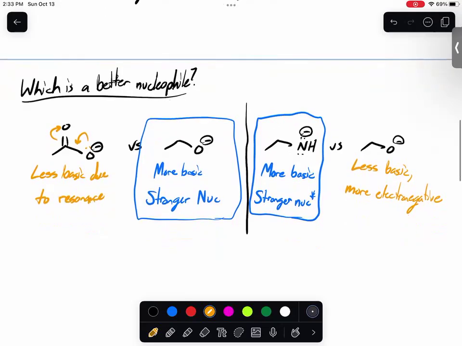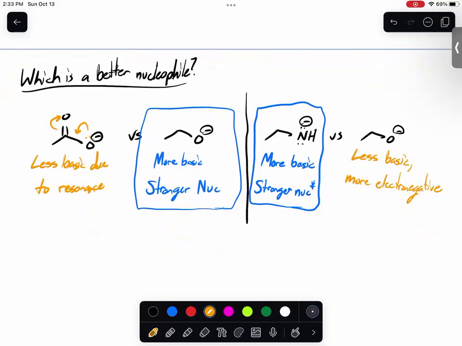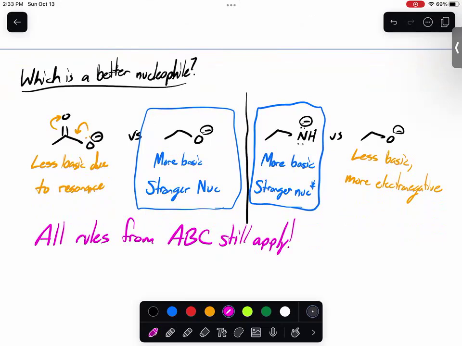We said that in terms of electronegativity, things that are less electronegative are better bases. So all rules from acid-base chemistry still apply, and they can help us here identify when something is going to be a better nucleophile. That is, except one.